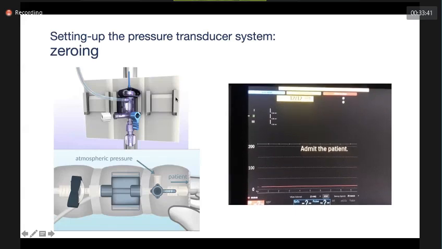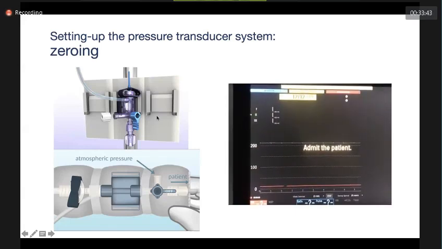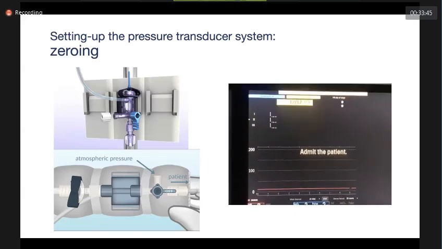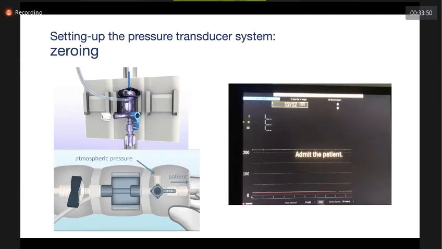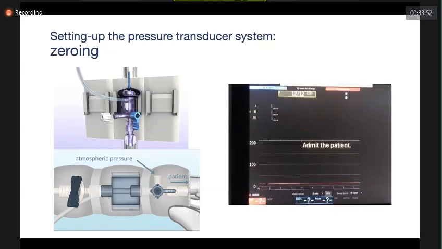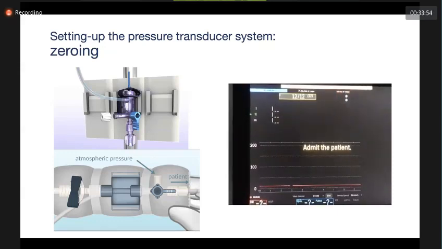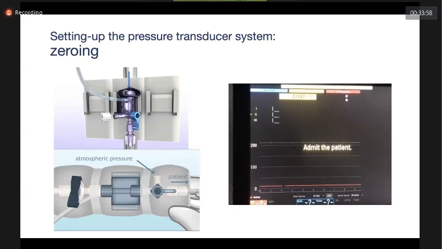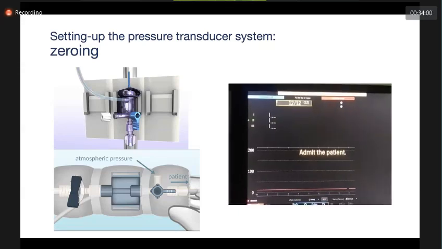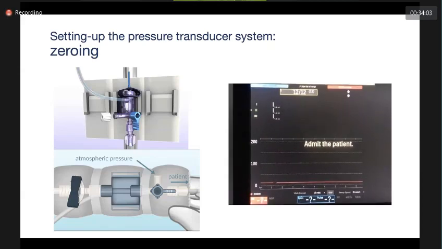Then zeroing. What will happen when your transducer is going from high pressure to low pressure? Air will be entrapped in the transducer system. It will be open to the atmosphere, so your actual zero may not correspond to the zero.